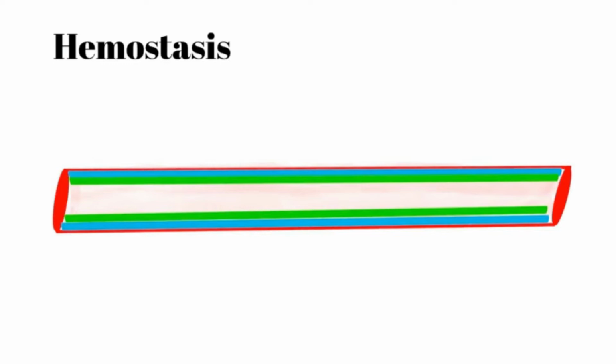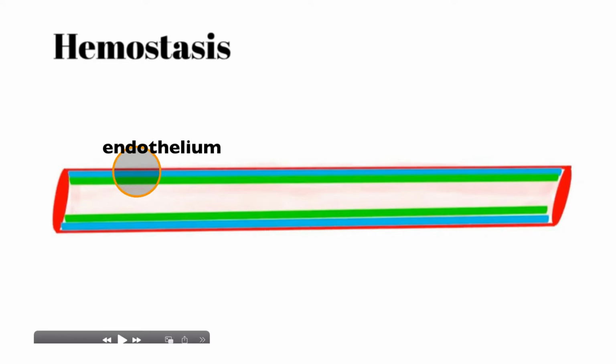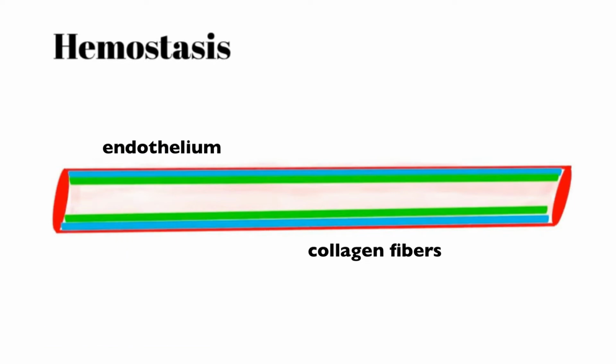This is a blood vessel right here. In green is the lining of the blood vessel, which is simple squamous epithelial tissue, otherwise known as endothelium. The blue on the outside or bottom of the endothelium is connective tissue containing a large amount of collagen fibers. And then in red is going to represent the tunica media, or the smooth muscle of the blood vessel.